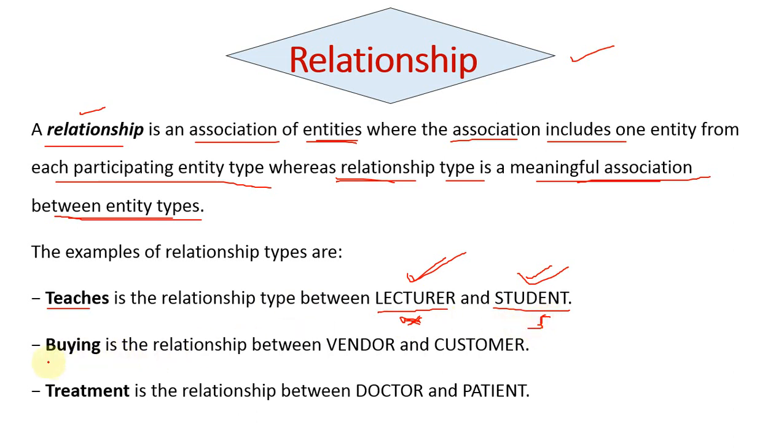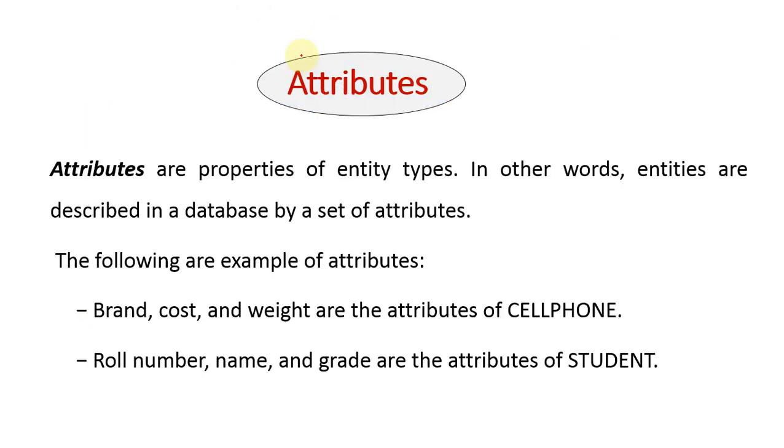Like buying is the relationship between vendor and customer. Similarly, treatment is the relationship between doctor and patient. So teaches, buying, treatment, all these are relationships. Generally a relationship will be represented by a rhombus sign or diamond sign.